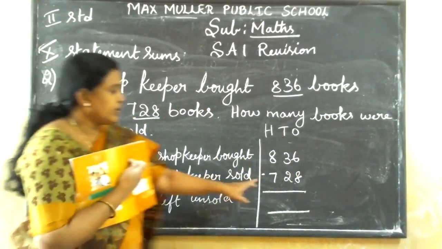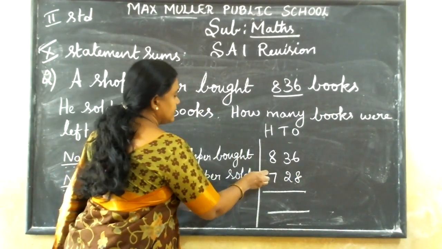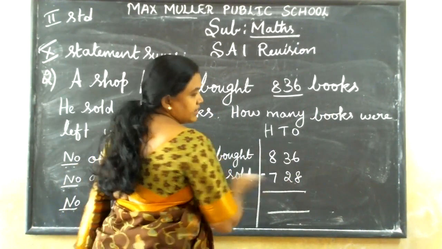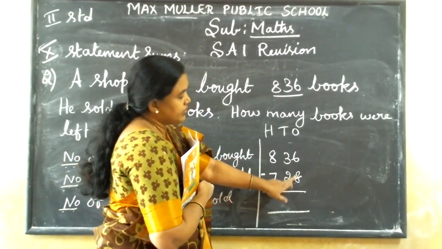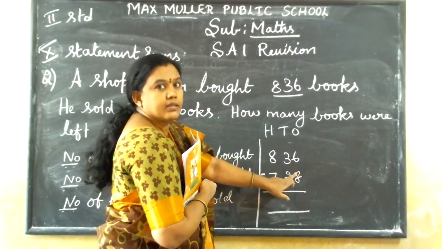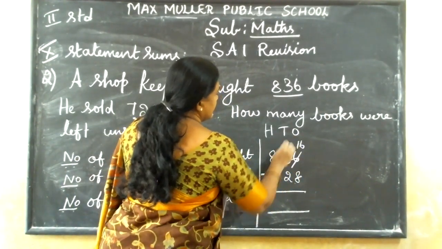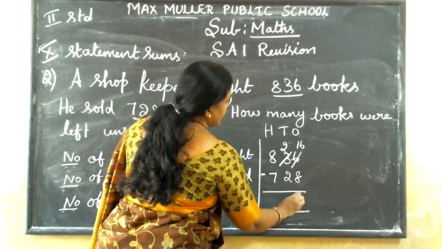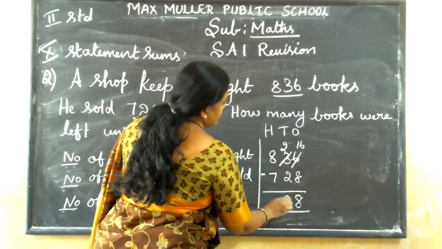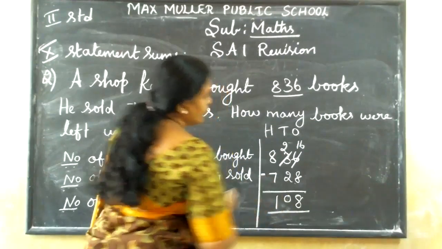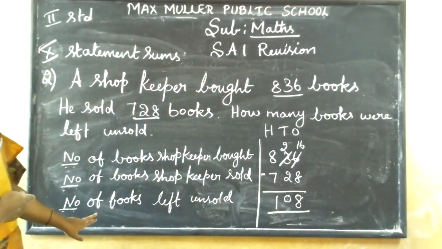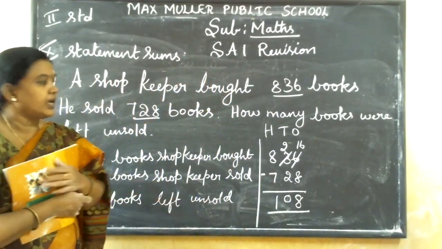For that, you want to do minus. See, 6 is less than 8. 8 is the big number, no children? You cannot take away 8 from 6. So, you want to borrow, 16. Here, 2. 16 minus 8, 8. 2 minus 2, 0. 8 minus 7, 1. Number of books left unsold.